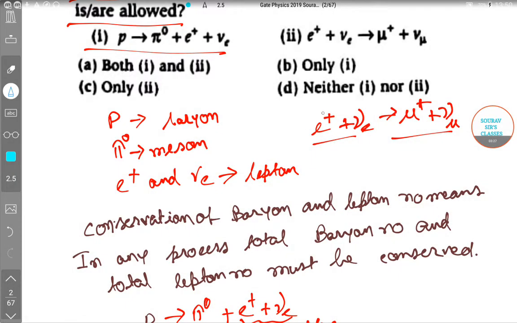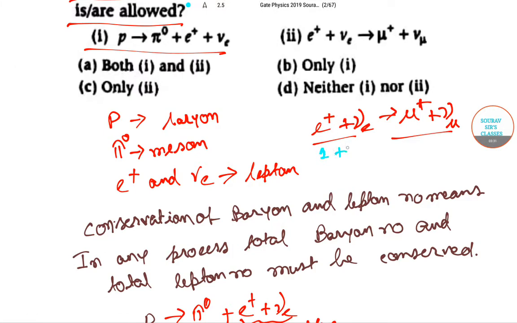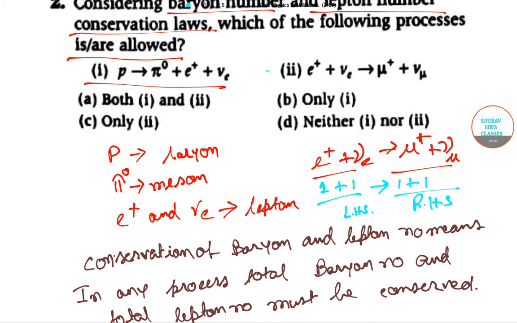For this E plus, the lepton number is 1, and for the electron neutrino, the lepton number is 1. On the right, the myon plus has lepton number 1, and for the myon neutrino, the lepton number is also 1. So lepton number in the left hand side and the right hand side is the same. So this is conserved for this reaction.